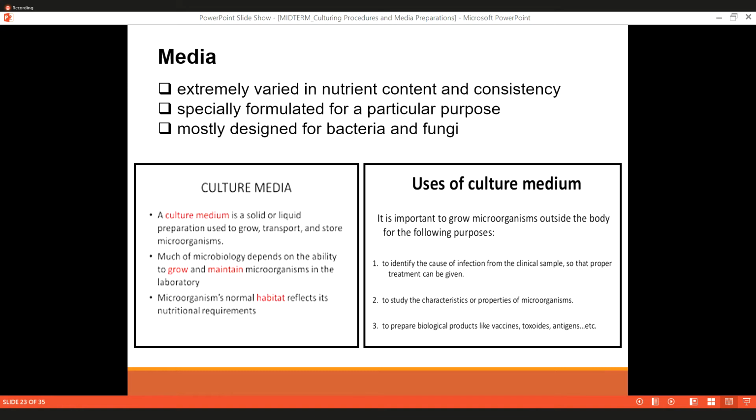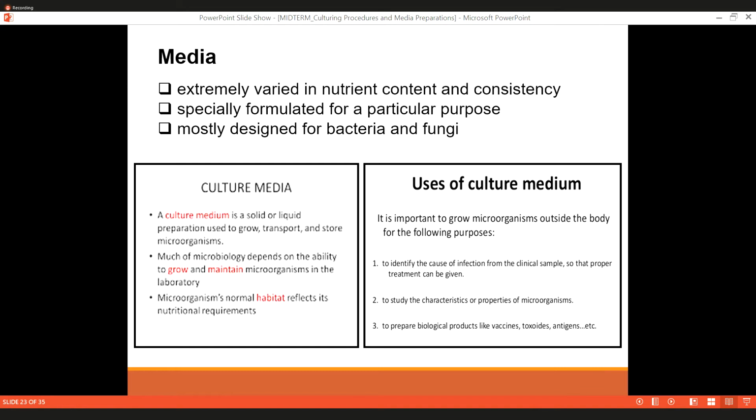Then, a microorganism's normal habitat reflects its nutritional requirements. Of course, the nutrient media will be the source of nutrients of our microorganism, so it will really become its habitat. So the necessary nutritional requirements of our microorganism should be there.